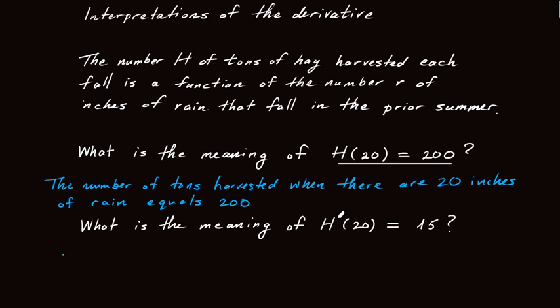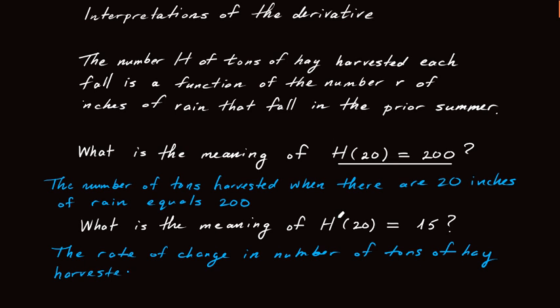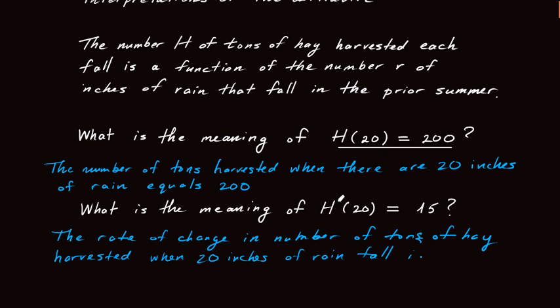So the way we write this is the rate of change in number of tons of hay harvested when 20 inches of rainfall is 15 tons per inch.